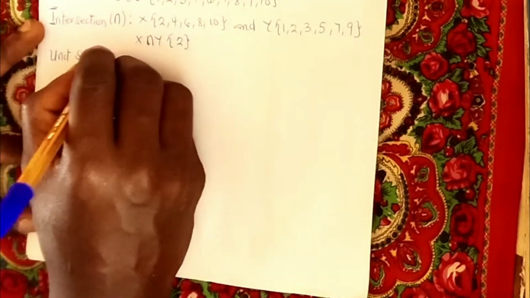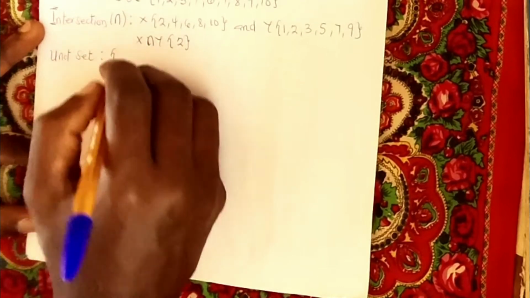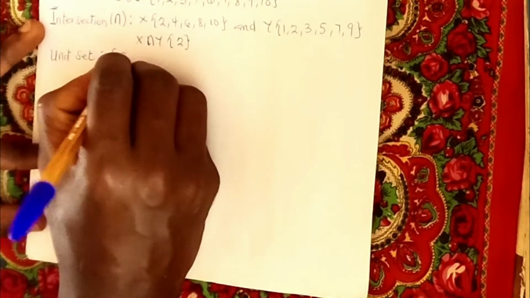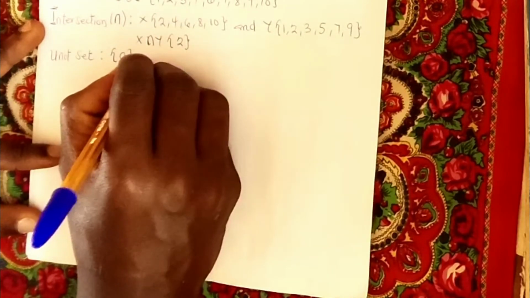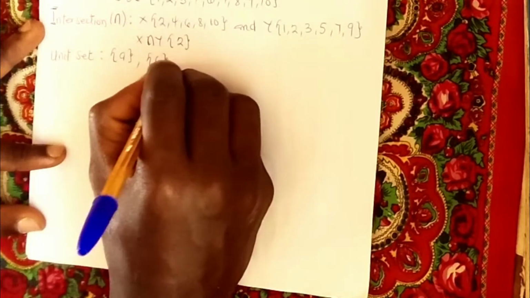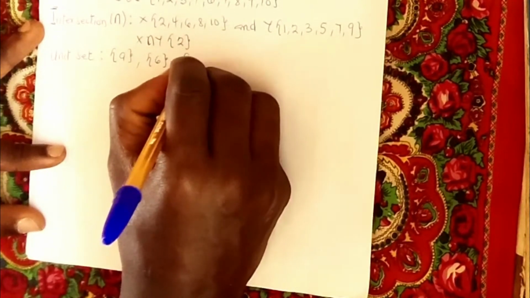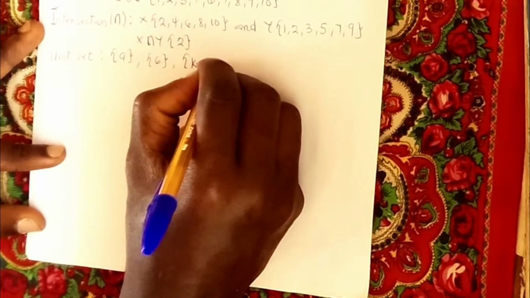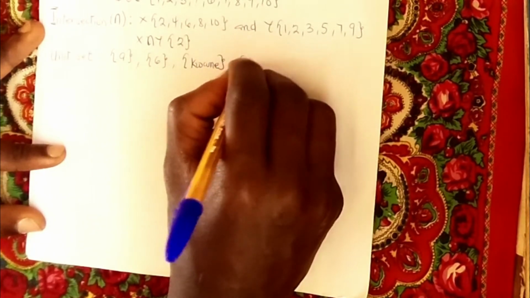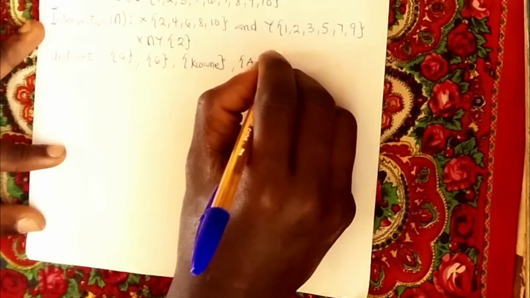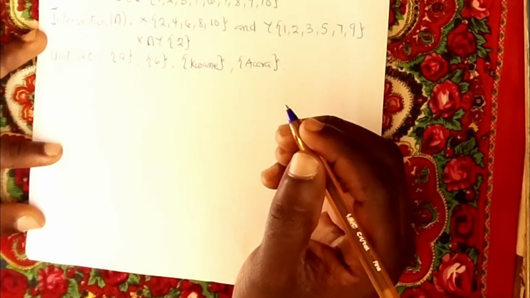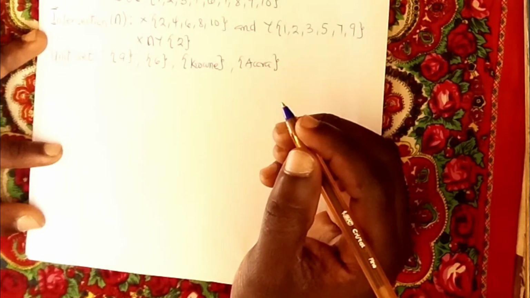For example, we have a unit set of this, and this. Since they all have one element in them, it is a unit set.